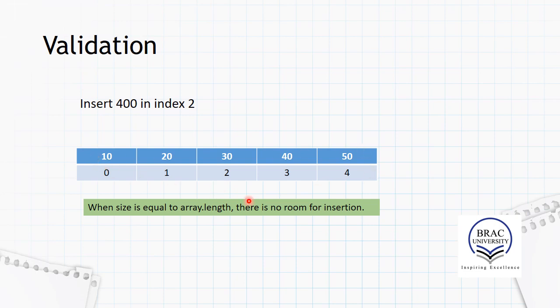So how do we put a check on whether there are empty slots or not? If the size is equal to the length of the array, then there is no space for insertion. Because there are 5 slots here, and the length of the array is also 5. This means the array is completely full and there is no place for insertion.